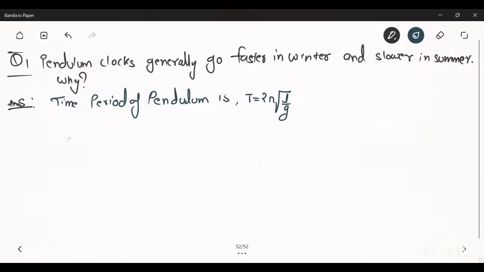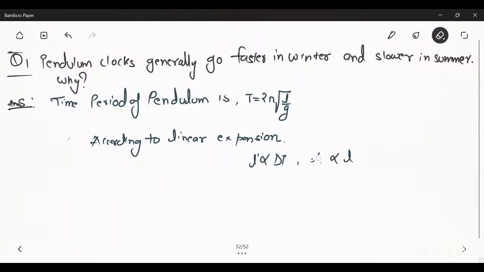Now, in linear expansion, we have discussed that according to linear expansion, change in length is directly proportional to original length, and change in length is directly proportional to change in temperature.